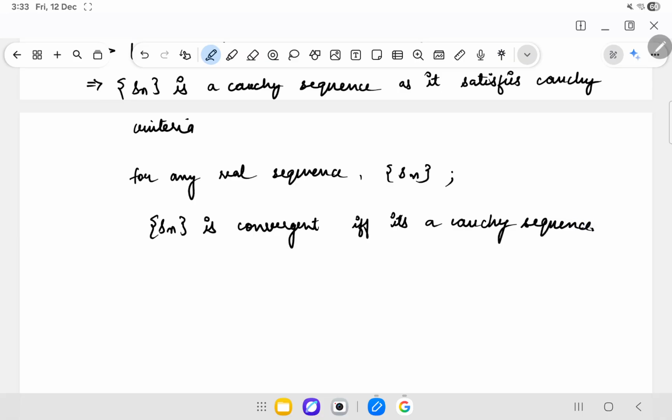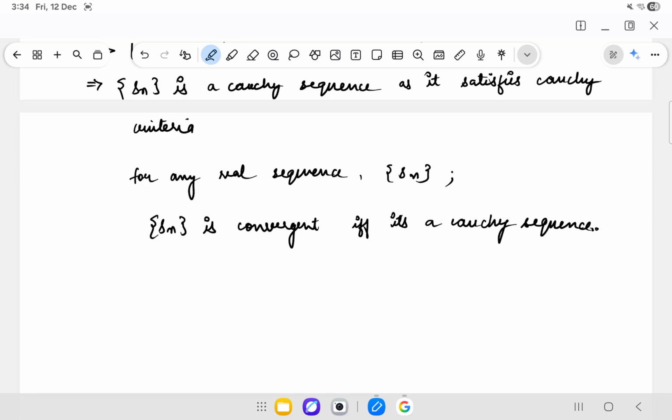So for any real sequence, it's enough to show that it is a Cauchy sequence, which at times is pretty much easier than actually showing that it is convergent. So that's the importance of the Cauchy criteria or Cauchy sequence.